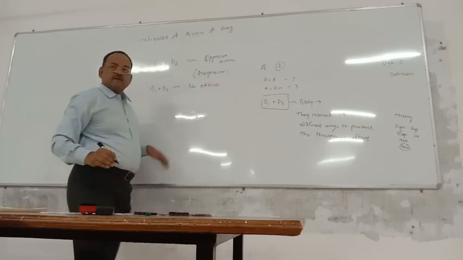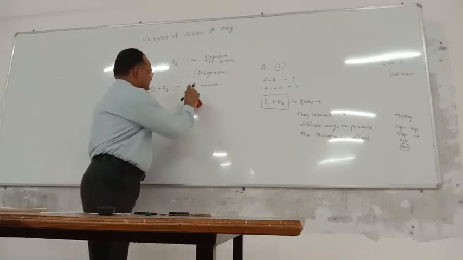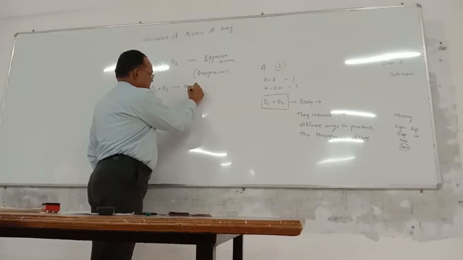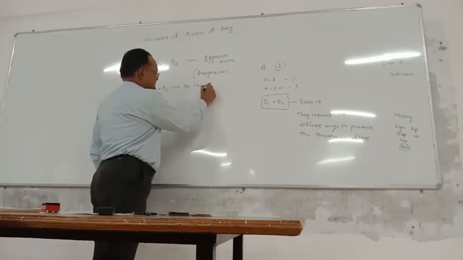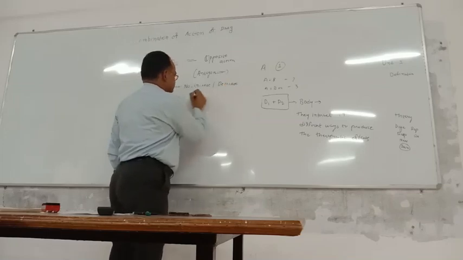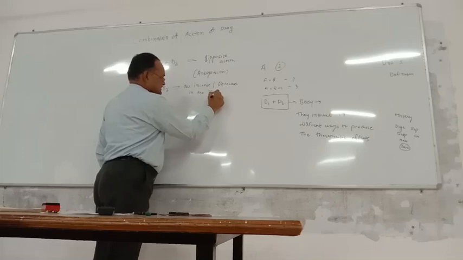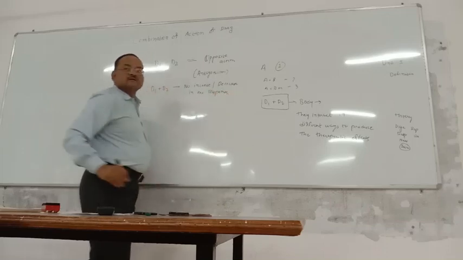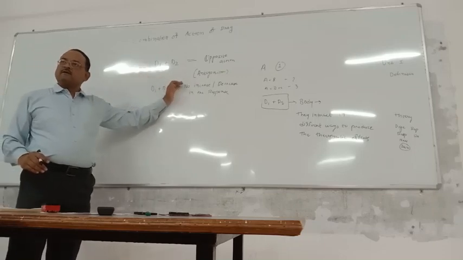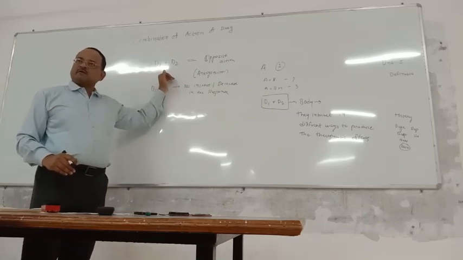Means there is no increase or decrease in the response. So this is also a possibility. If you give drug 1 and drug 2, they may not increase the effect of drug 1, they may not increase the effect of drug 2.